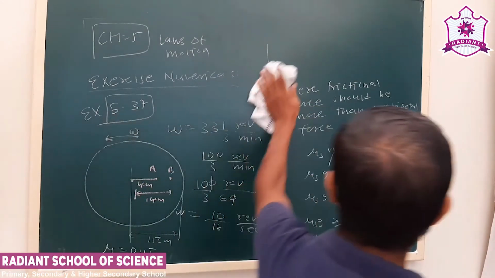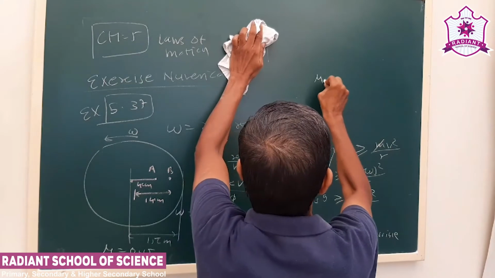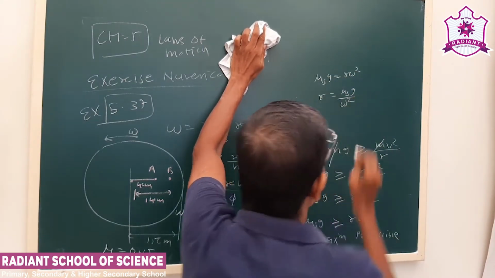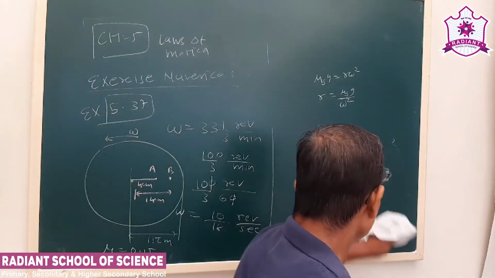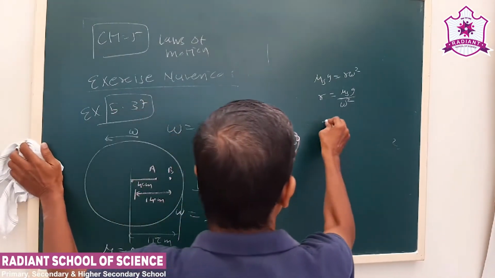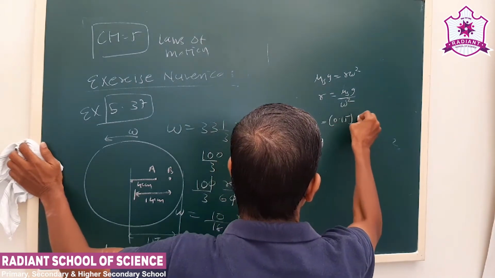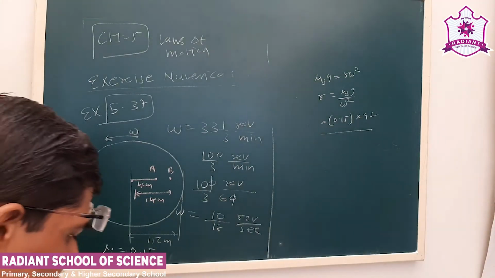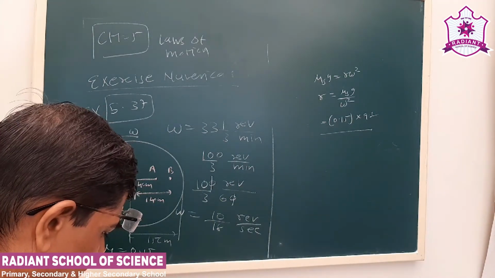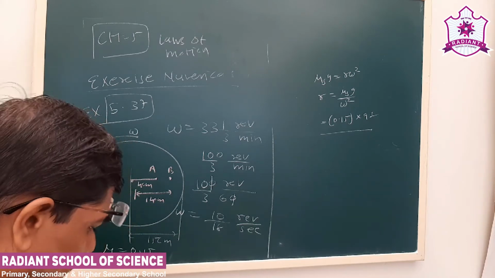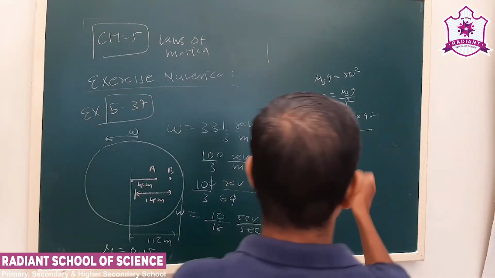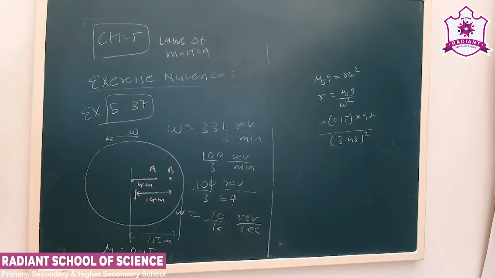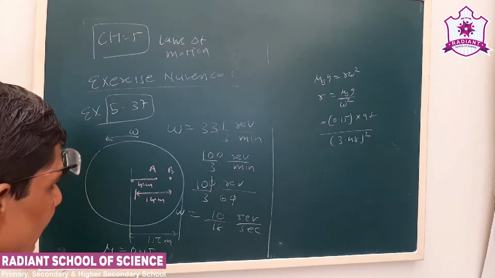So omega square. Now we are given mu s is 0.15, g is 9.8, and omega we have calculated, that is 10 revolution into 6.28 divided by 18.